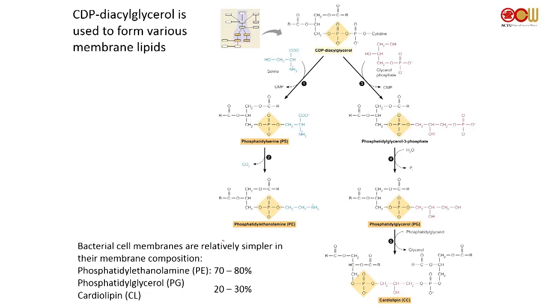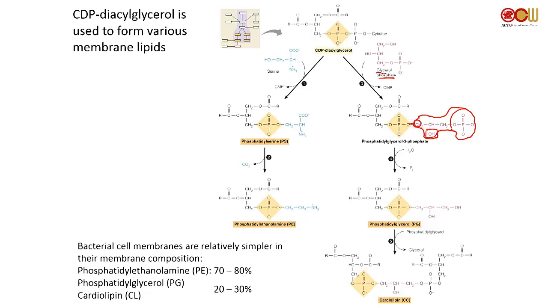So very briefly tell you, let's look at the right side, okay, very briefly. So you take CDP diacylglycerol and you take another molecule of glycerol 3-phosphate, you hook it on. Okay, so here this guy is the glycerol 3-phosphate. Okay, initially one of the OH reacts with the phosphate, the other OH is still here, and then you have a phosphate right here.